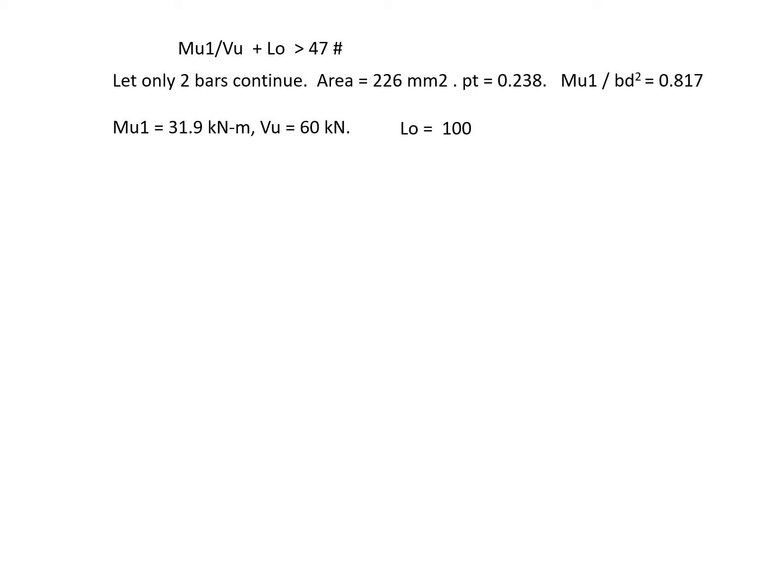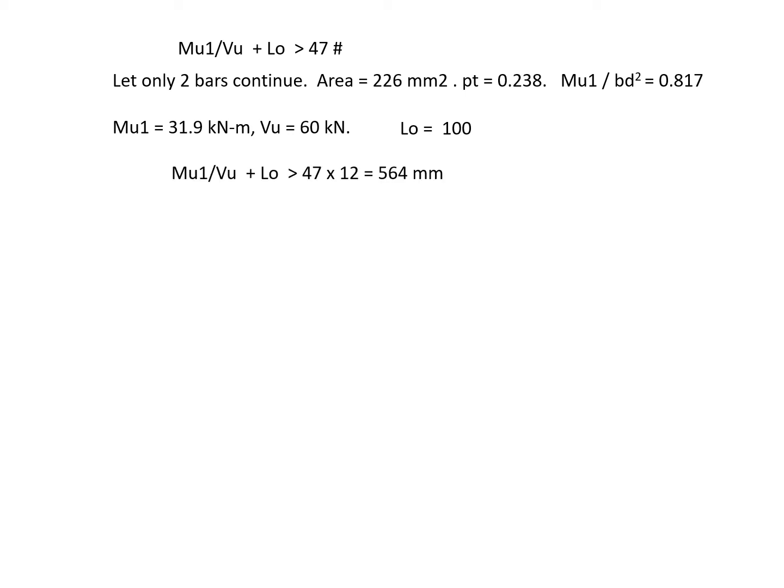Okay, so out of 4, let's say 2 bars continue, so their area is 226. So the corresponding PT is 0.238, and from there you get Mu1 by bd square. So from PT you get Mu1 by bd square, and from that you work out Mu1, Vu is there, and L0 you always take as 100 mm.